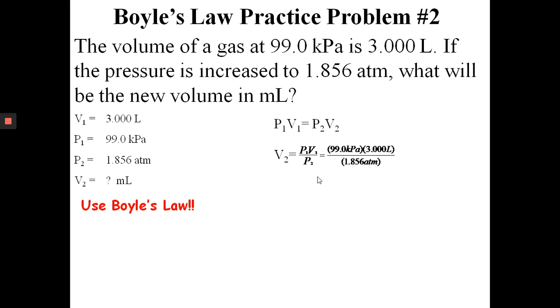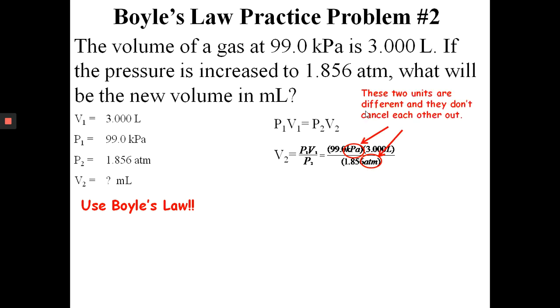Now, we run into a little problem. We can't just calculate this equation. That's because these two units are not equivalent to each other. P1 is measured in kilopascal, while P2 is measured in atm, and they are not going to cancel each other out.